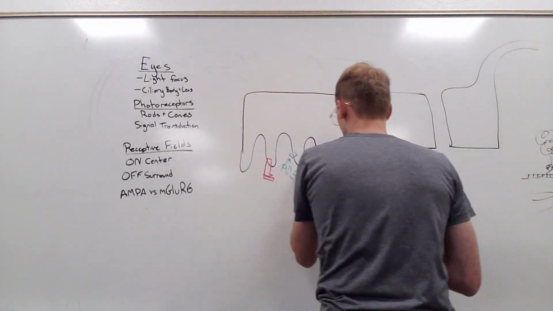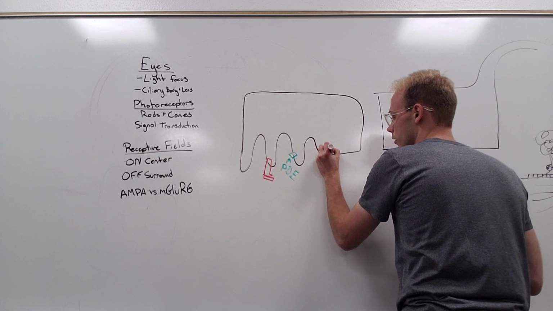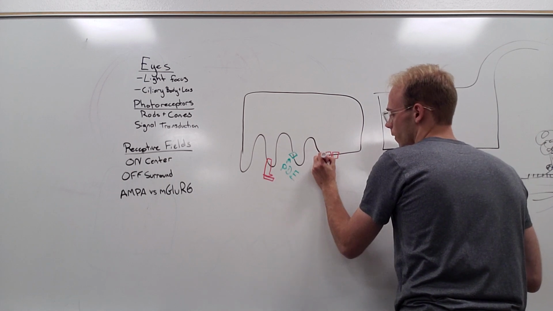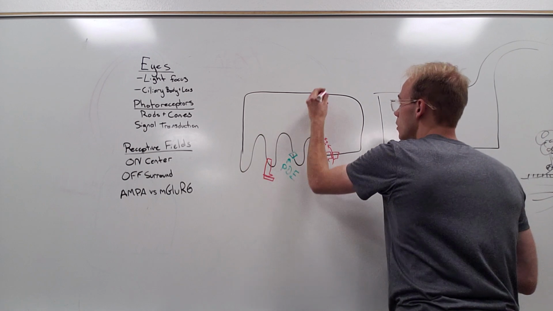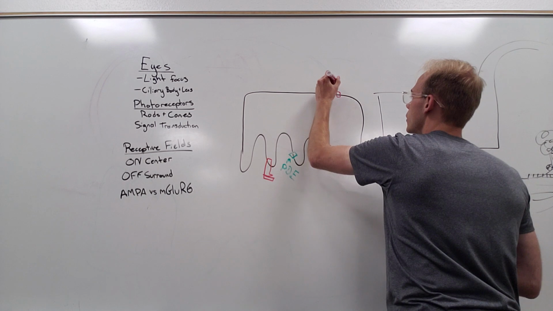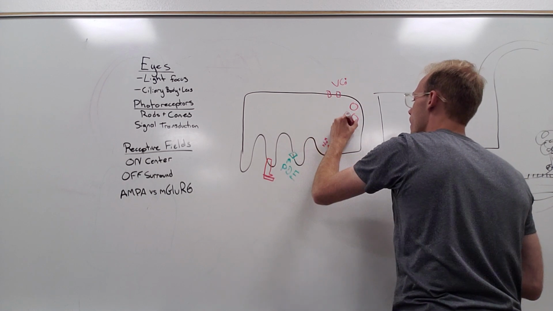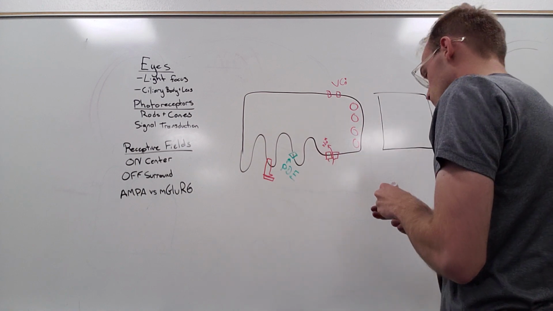Okay, we have here, this is a sodium channel, right here is a voltage gated calcium channel. Here's all of our vesicles. There are snare proteins there.